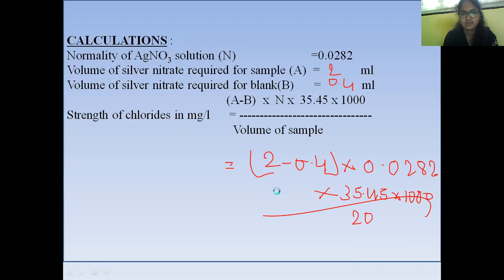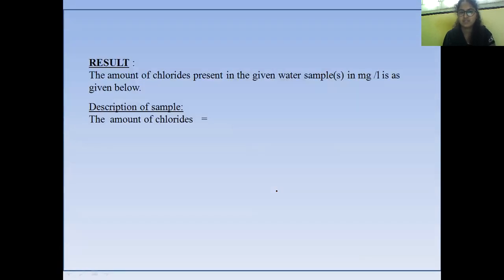So the amount of chlorides present in the given water sample is 80 mg per liter.